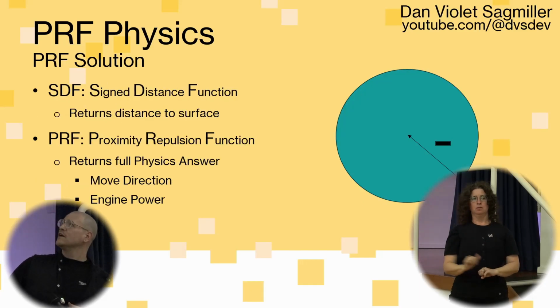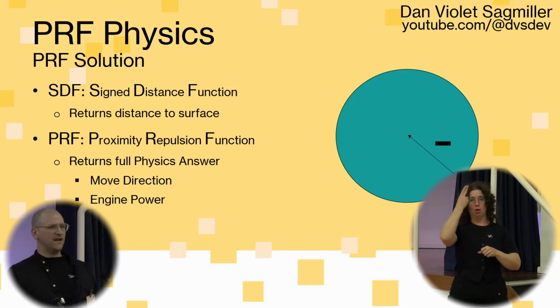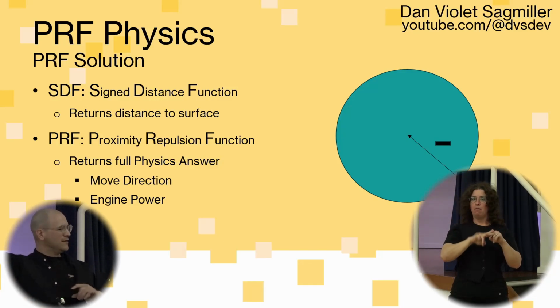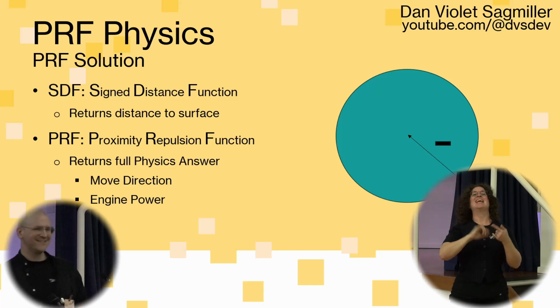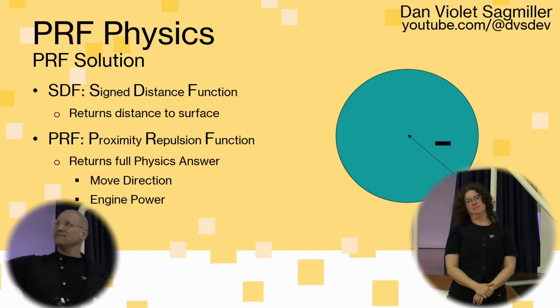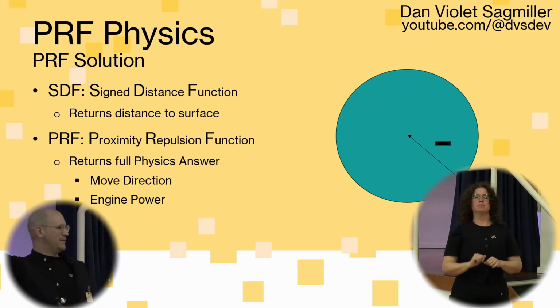Then I changed over to a custom one I created called PRF Physics. If anyone's familiar with it, well, PRF doesn't exist. That's mine. There's SDF Physics, and in SDF Physics, its signed distance function basically just says, how far away am I from something?